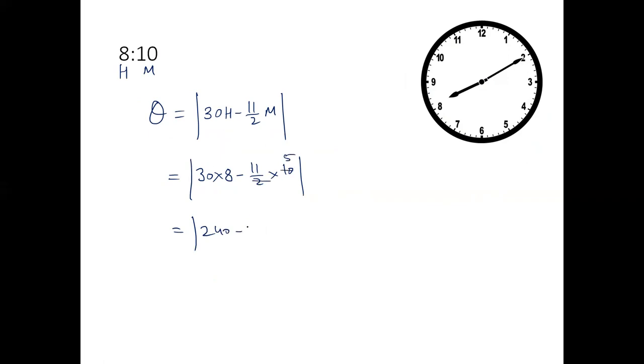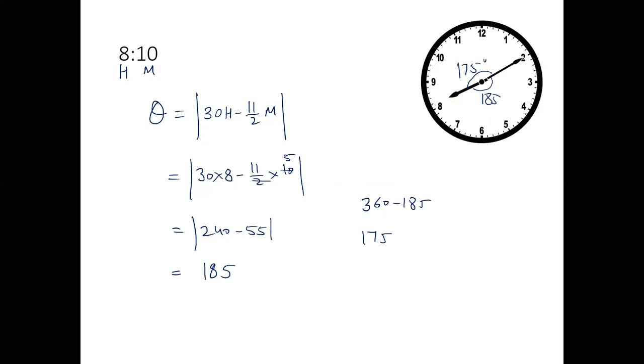And 11 fives are 55. Subtraction of these two will give you 185. So this angle is 185 degrees. And therefore the other angle is 360 minus 185, that is 175.